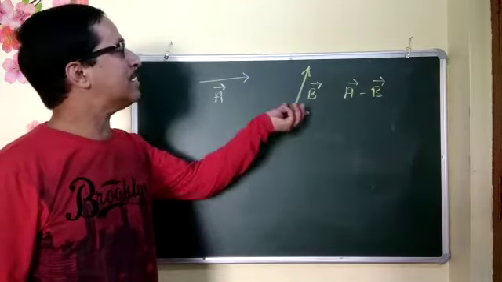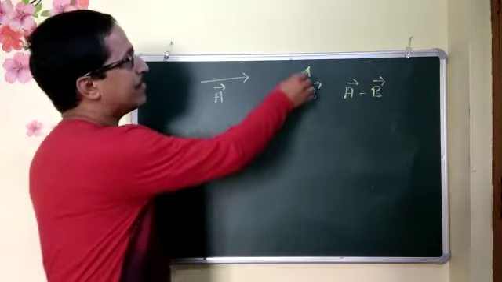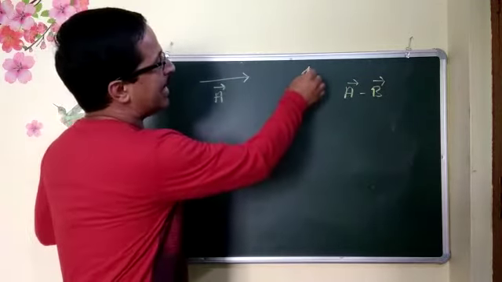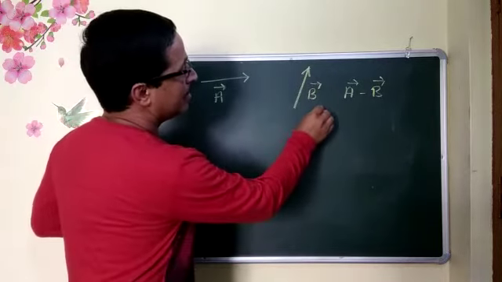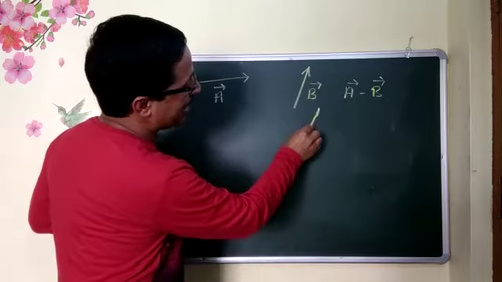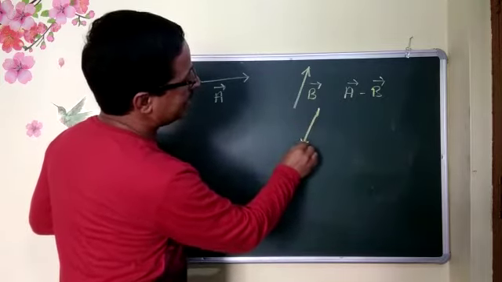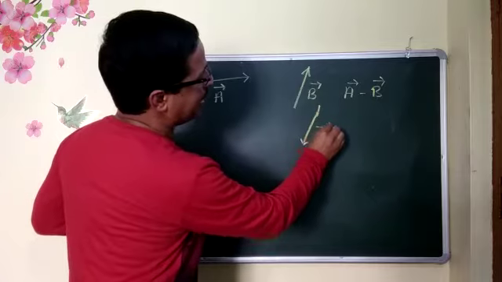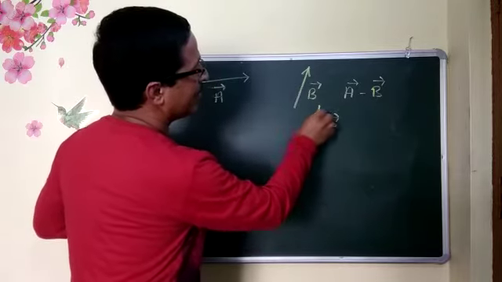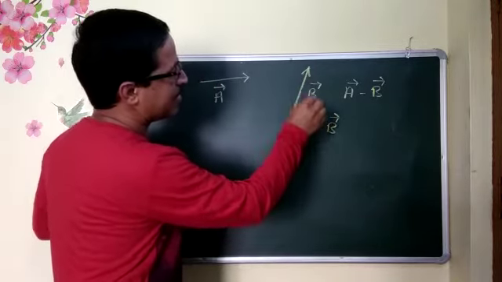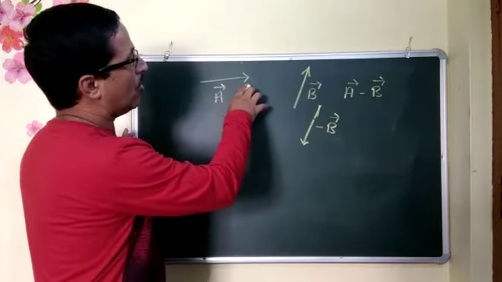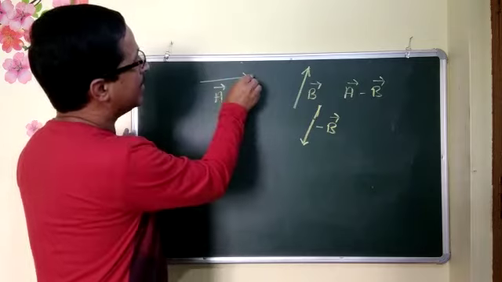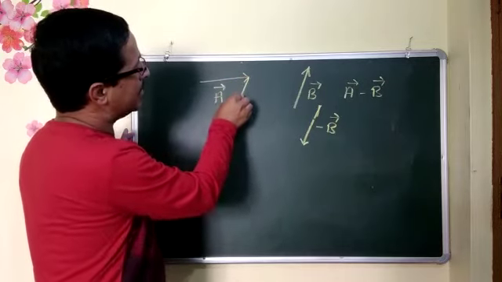For that we must understand that if we change the direction of this vector, we reverse the direction of the vector B without changing its magnitude, then this vector is minus B. Now our task has become easier. Take minus B to the head of A this way.